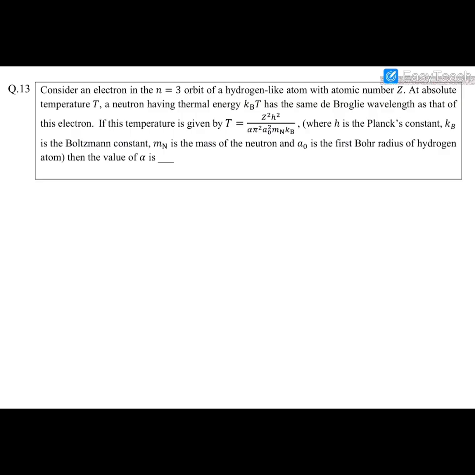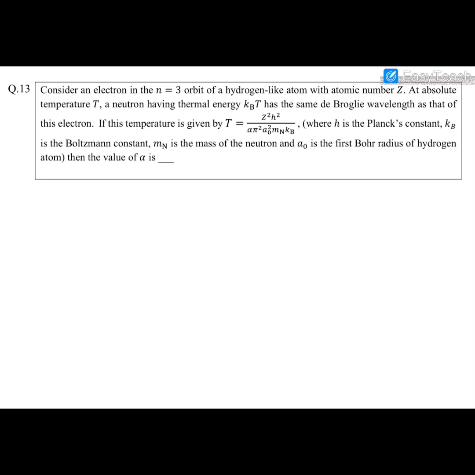The atomic number of the atom is Z, and the absolute temperature is T. There is a neutron which has a thermal kinetic energy of kB into T, and the de Broglie wavelength of this neutron and the de Broglie wavelength of that revolving electron are exactly the same. So we have to find the value of alpha, where alpha is a number in this expression of temperature.